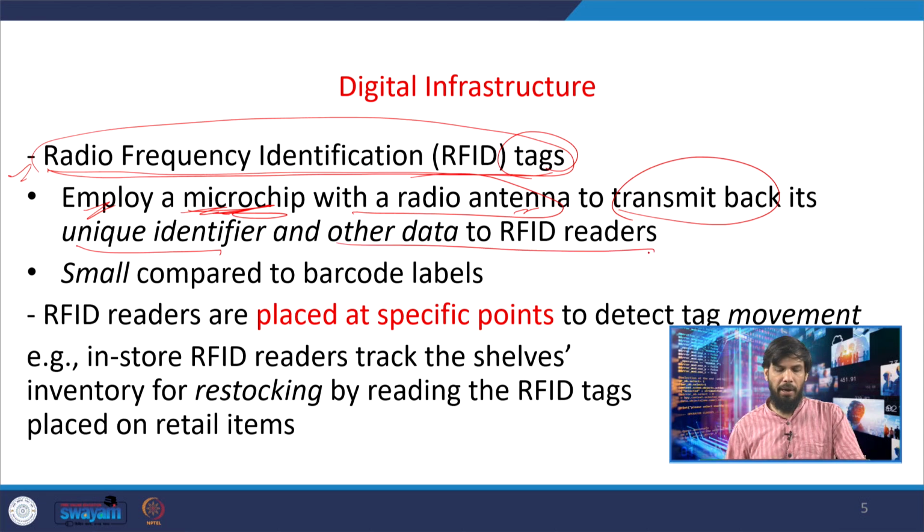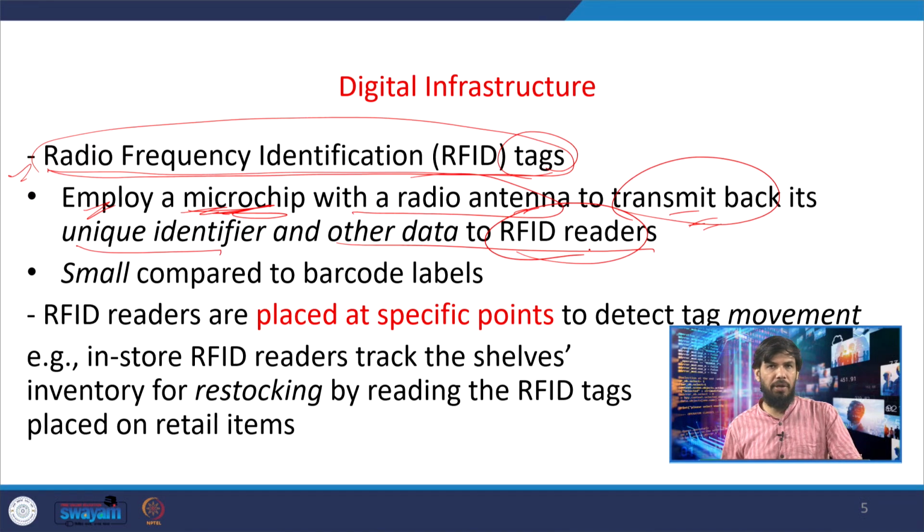So an RFID tag has a microchip and a radio antenna. The microchip holds the information about that particular item on which you have attached the RFID tag. Then using the radio antenna, the information is transmitted back to some RFID reader, right.